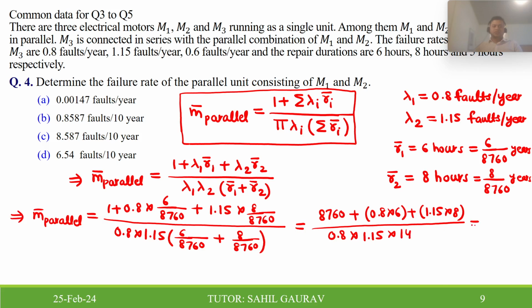So in the numerator you will get 8774, and in the denominator you will get 12.88. So you will get 681.211 in terms of years per fault.